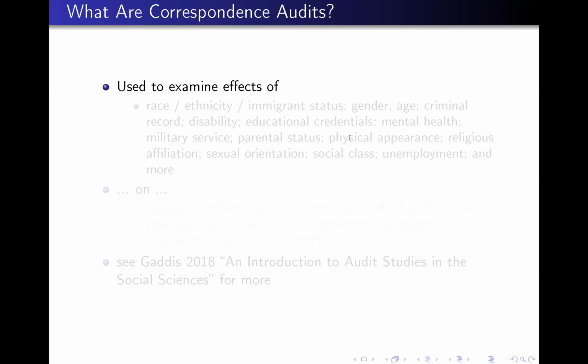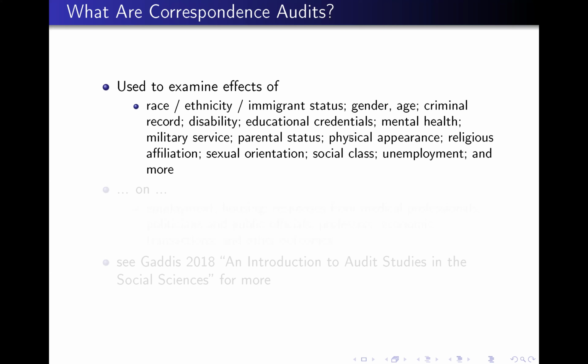You can read more about this, particularly in the book. In the first chapter, I give a pretty long discussion of the history of this method. But people have used this to examine not just discrimination on the basis of race and ethnicity, but age, gender. And then there are things here that we wouldn't necessarily think of as discrimination per se. For instance, educational credentials.